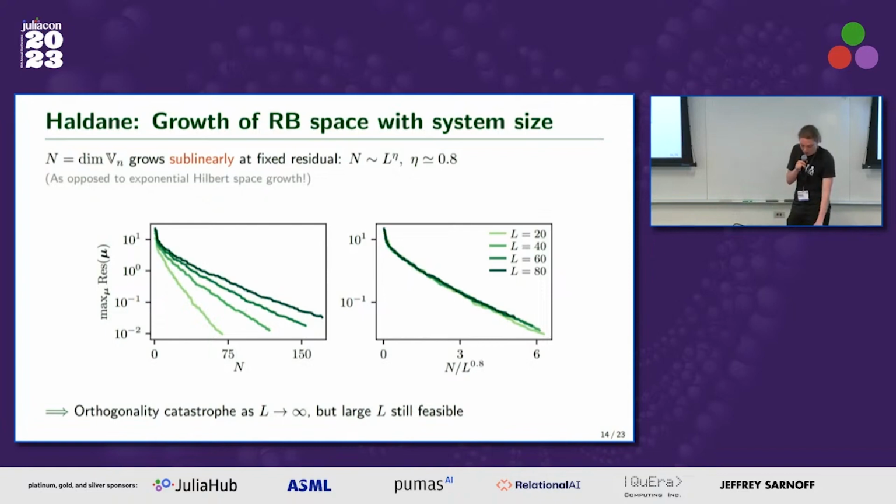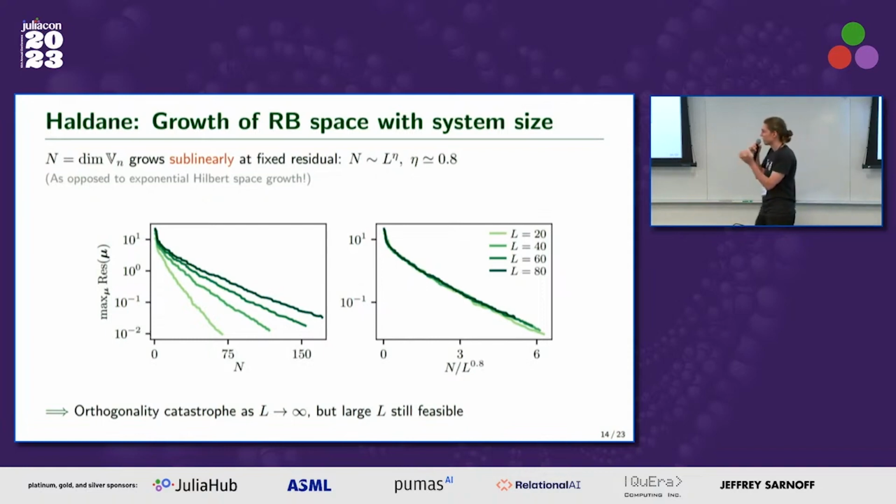But the cool thing is that on the right-hand plot, if we rescale the axis by L to the power of 0.8, all these curves collapse onto each other approximately. What this means is that at fixed residual, or fixed accuracy, the dimension of this reduced basis space grows sublinearly as opposed to the exponential Hilbert space. That's already quite remarkable, I would say.